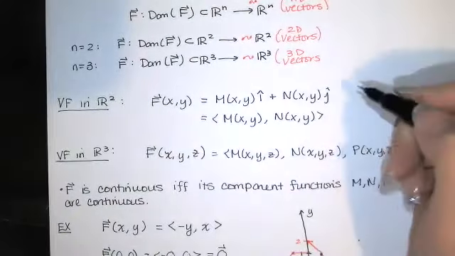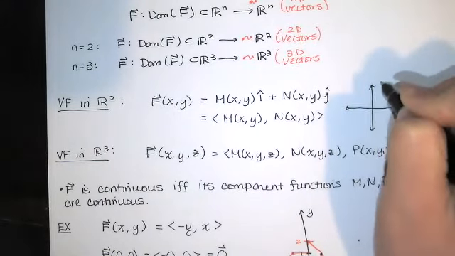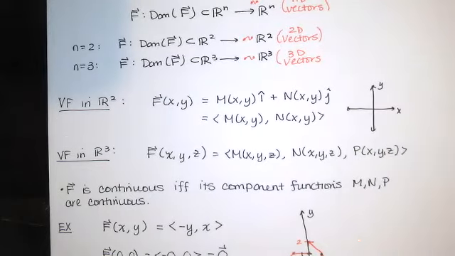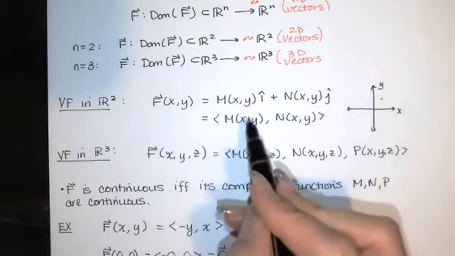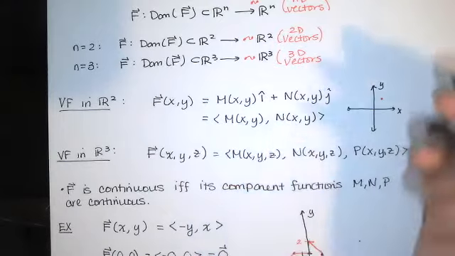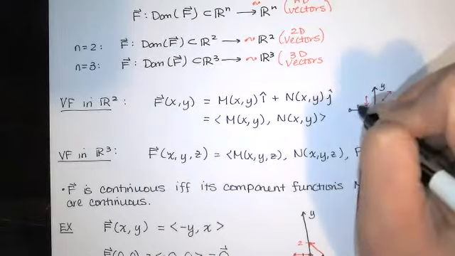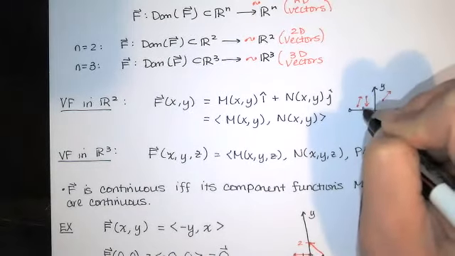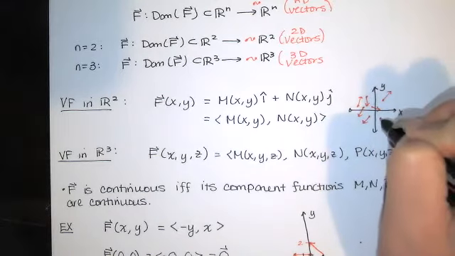But just in general, a vector field in R2 is going to look something like this. At every point xy, you go to that point and you plot a vector. And the vector is given by M of xy times i hat plus N of xy times j hat. So you plot that vector, and then you go over here and you plot that vector, and you go here and you plot that vector, and there, and so on.